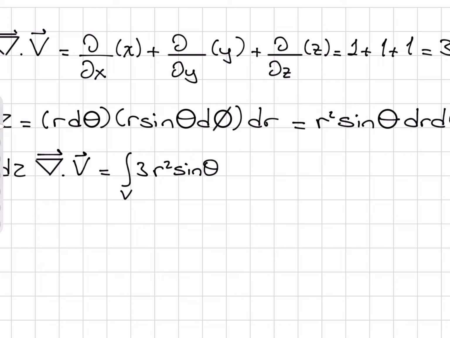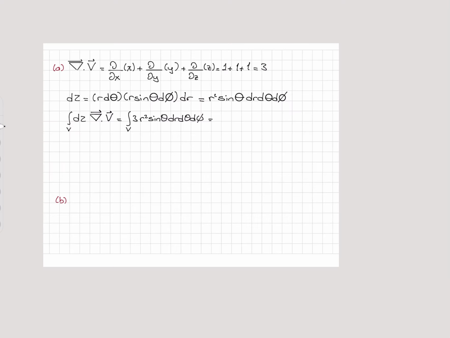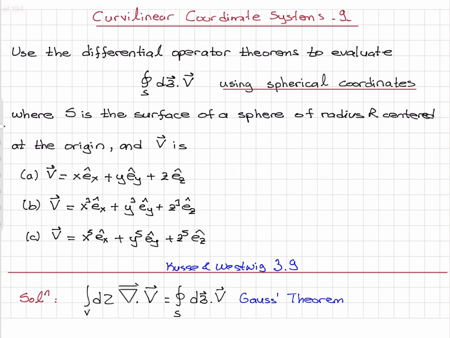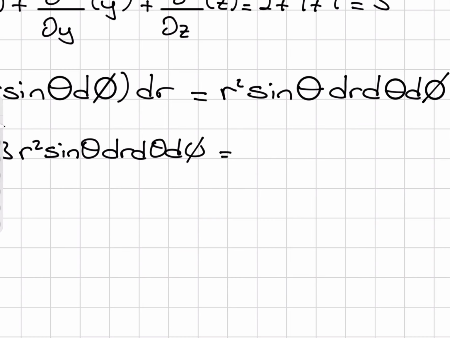It's a triple integral, performed over this sphere of radius R centered at the origin. Therefore, our r varies between 0 and capital R. So we have r squared dr.